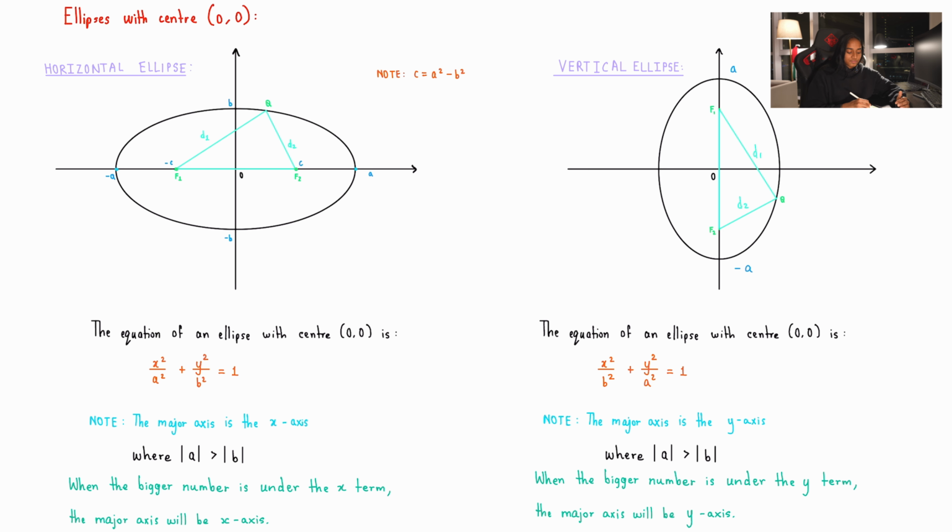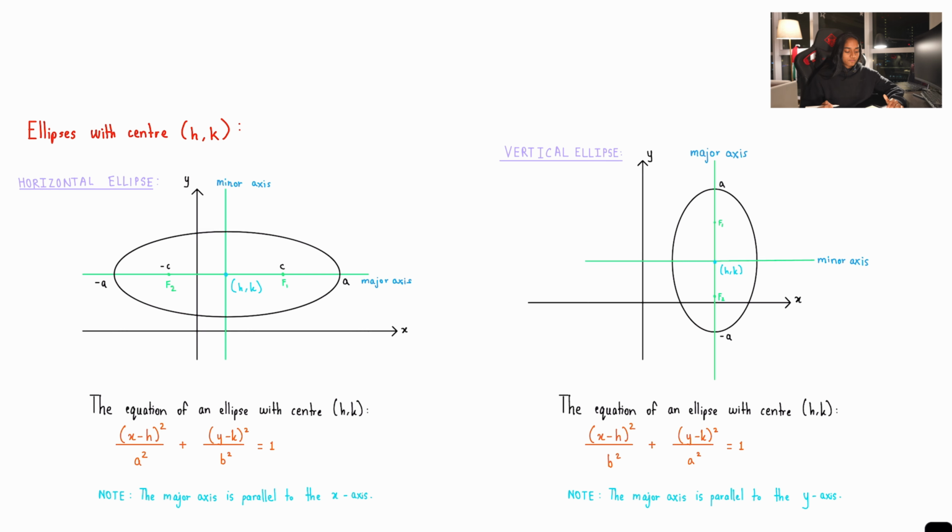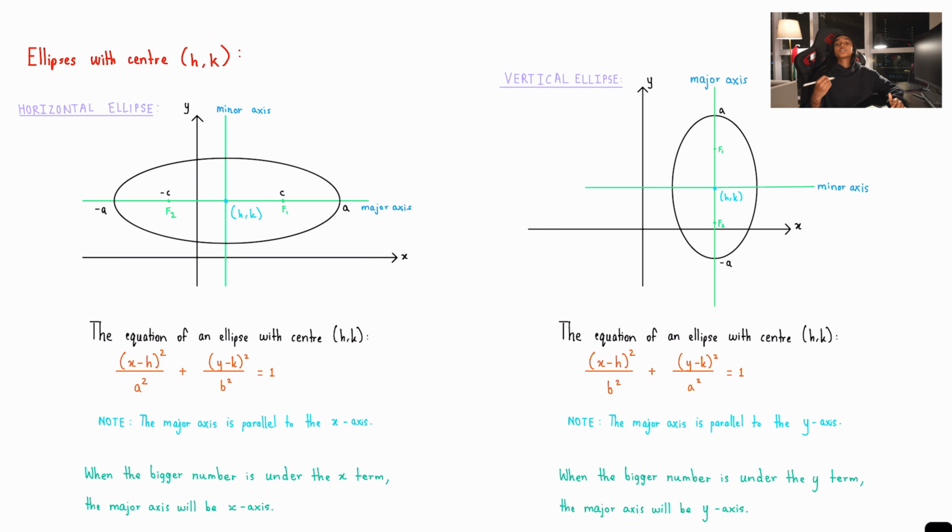And the only difference here is that you're interchanging where a is. So a squared and b squared are basically flipped for horizontal and vertical, when the center is (0, 0).